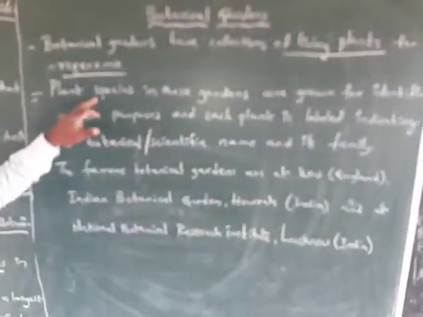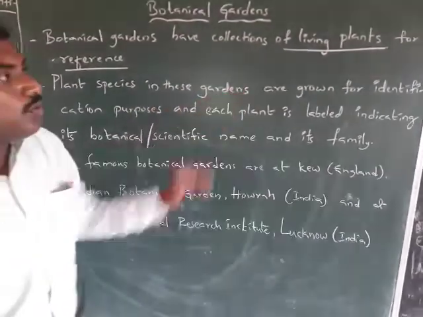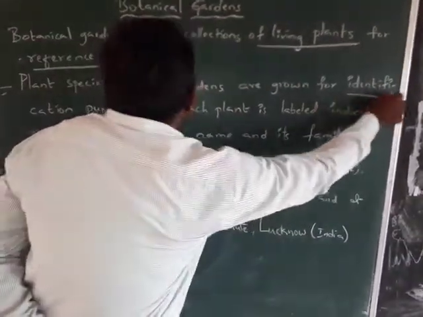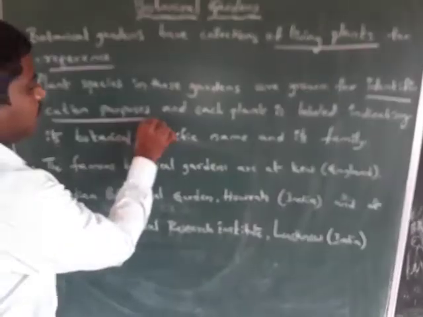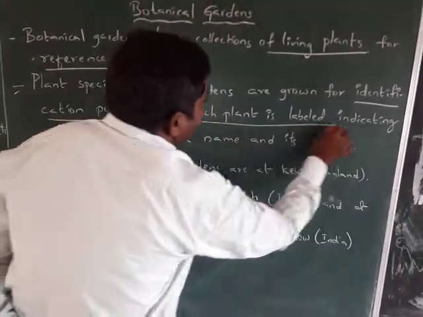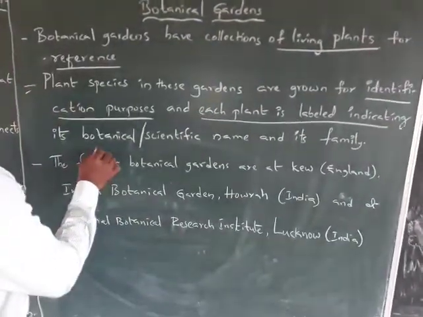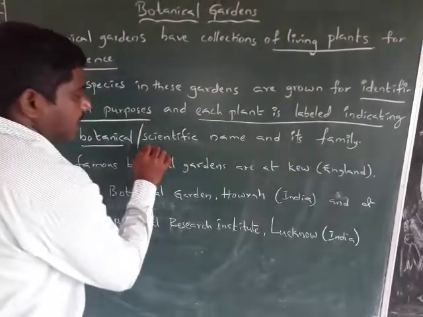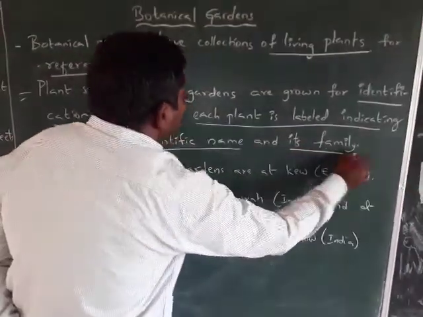The plant species in these gardens are grown for identification purposes, and each plant is labeled indicating its botanical or scientific name and its family.